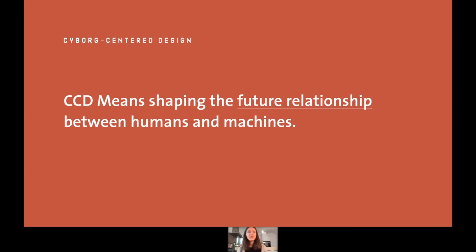And within the cyborg design topic, we created some kind of thesis, and the first thesis is that cyborg-centered design means, in general, that we shape the future relationship between humans and machine.